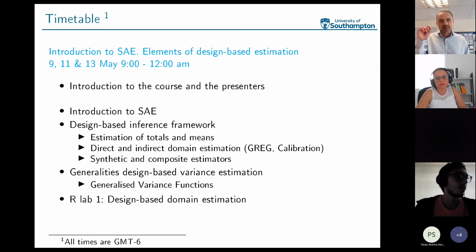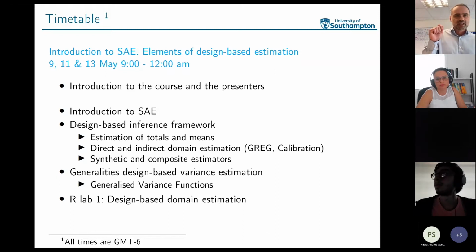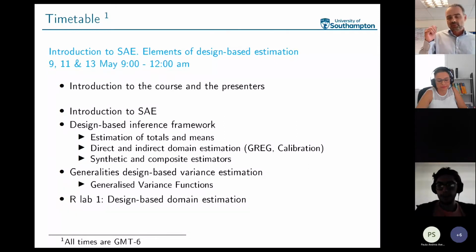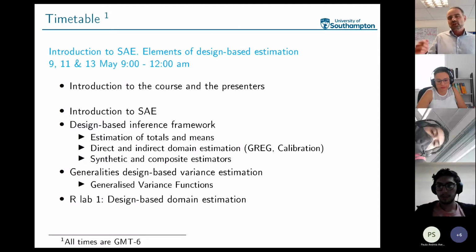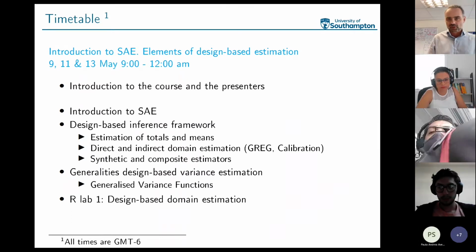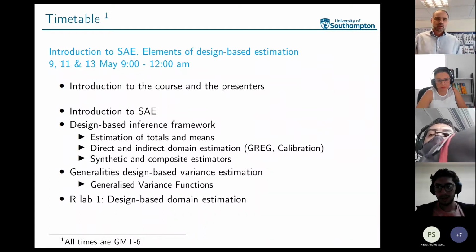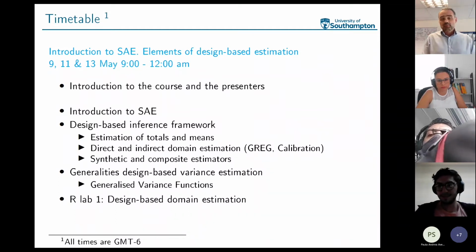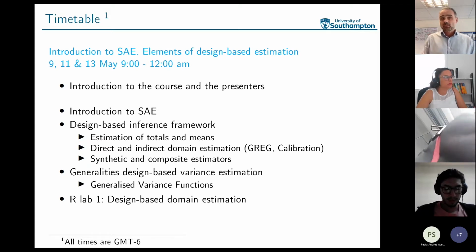And I keep referring back to the fact that DANE is a National Statistical Office, right? So I suspect you're governed by quality assurance protocols. And your estimates need to be accompanied by quality measures, for example, precision and coefficients of variation and so on. So in this part, we will cover simple statistics like totals and means, and we will talk a lot about direct and indirect domain estimation.